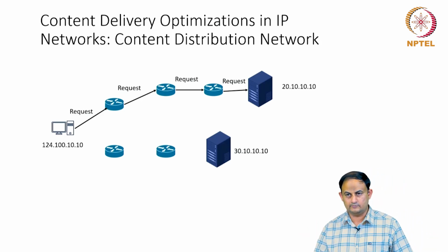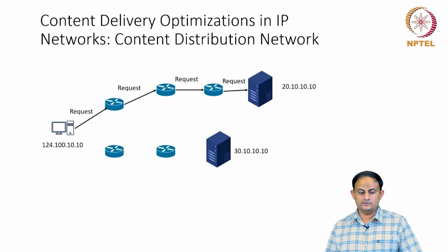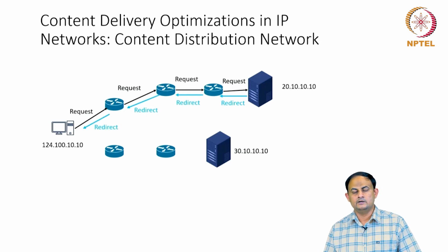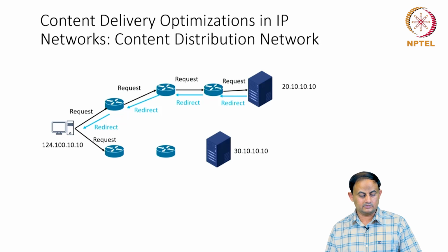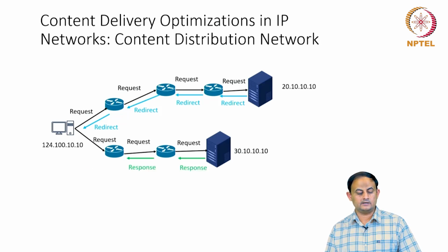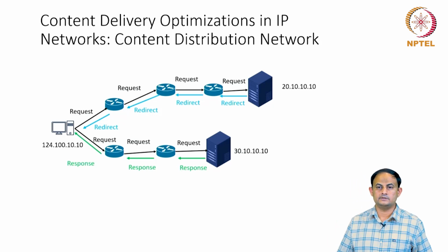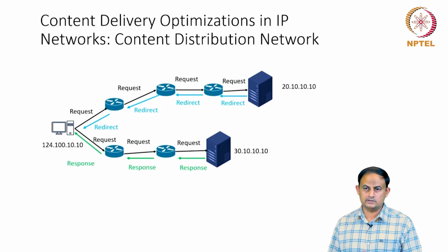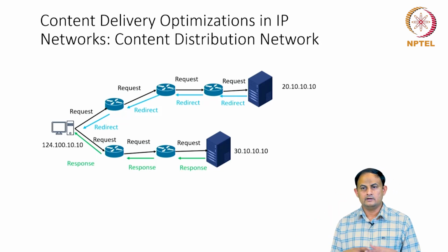So the first time when you make a request, the request actually goes to the main YouTube server, and then the main YouTube server redirects you to the nearest point where the local server, the replica server, is located, and the user will establish a connection to that server, and then the content is transmitted back to the end user.